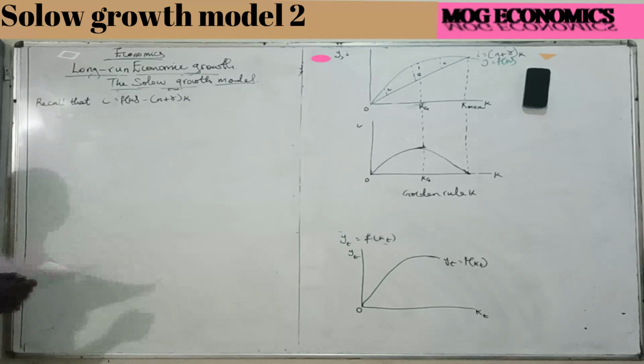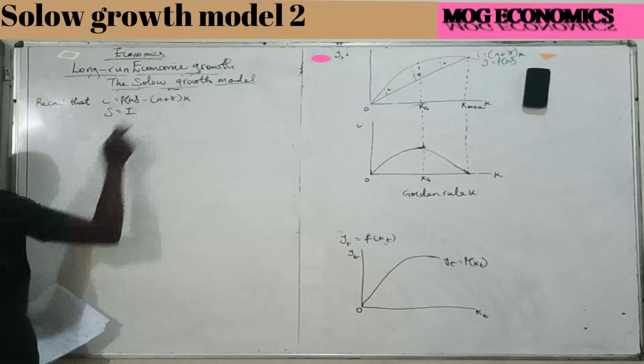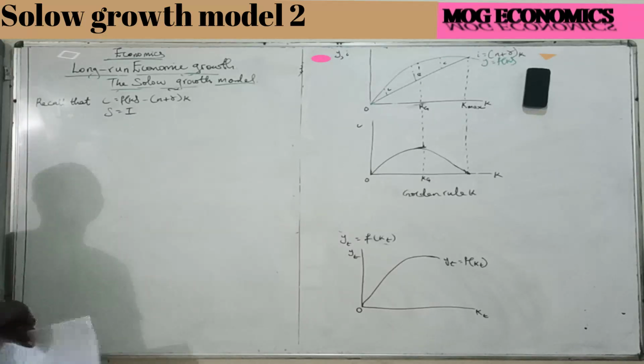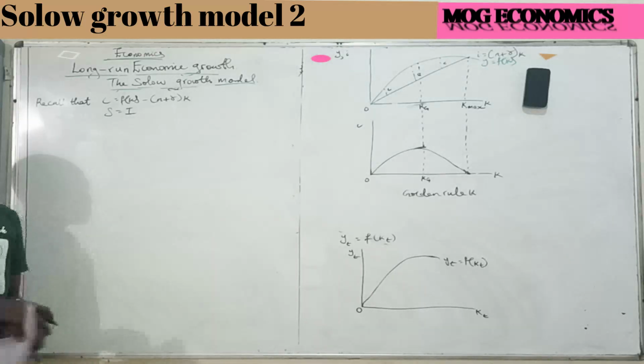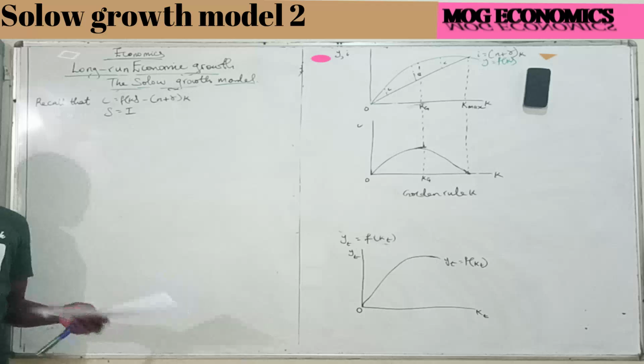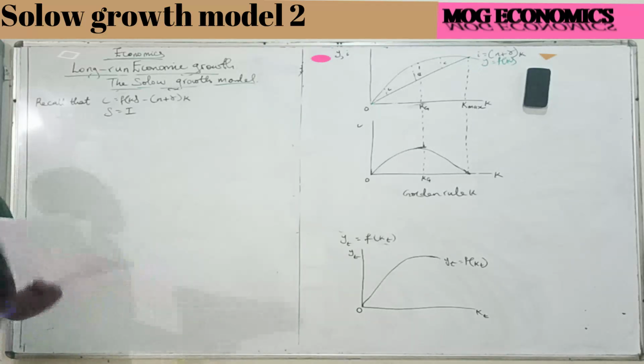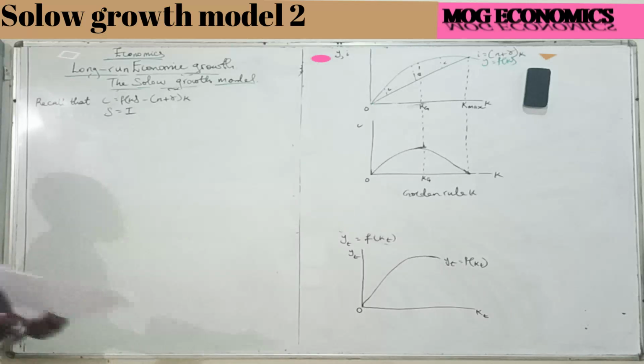How do we do that? In the steady state, savings is equal to investment. If you remember from Keynesian economics, that's the consumption function, where you have your MPC and your MPS. MPC is between 0 and 1, so it automatically means that your MPS is also between 0 and 1.